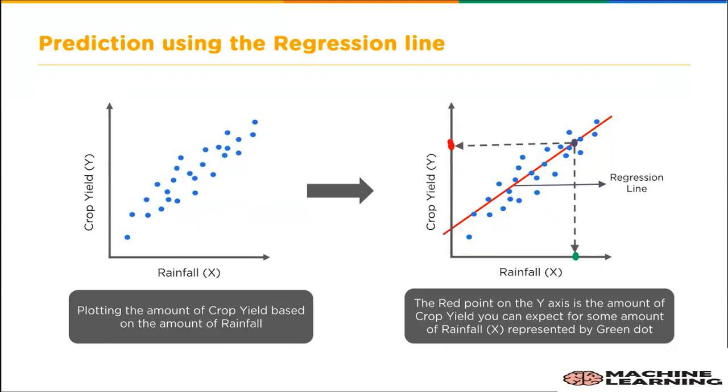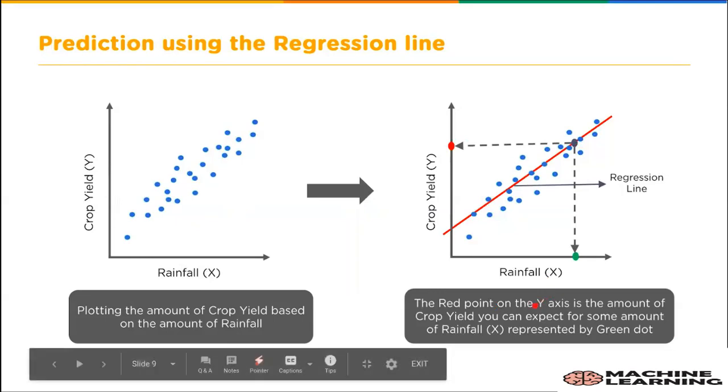If you don't want to do this, draw a perpendicular from the line to the y-axis. For the given x-axis value, you will find the y value. Here I'm trying to show you how to do the modeling, how to fit a best fit line, so that we can put in any input and get its output.